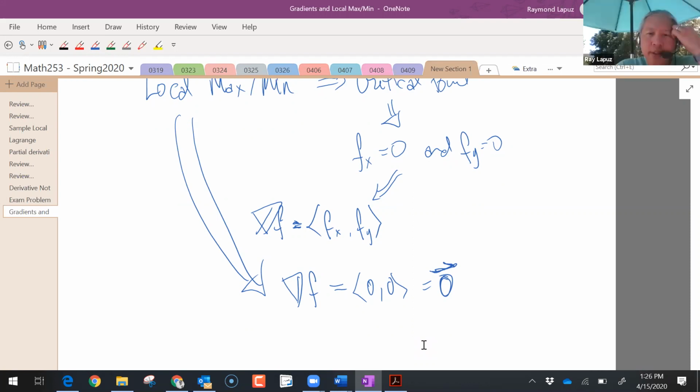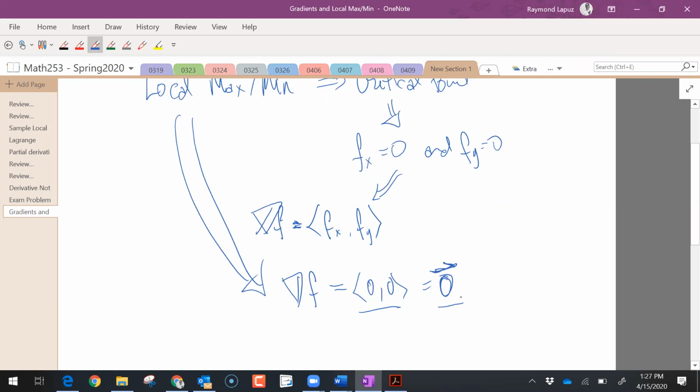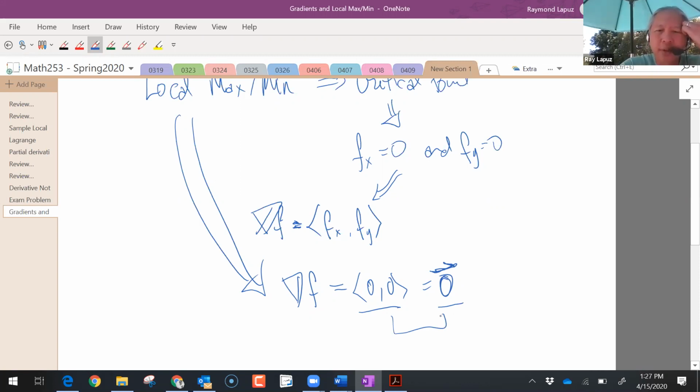Yeah. So you can write it as 0, 0 as a vector, or you can write it as 0 with an arrow on top as a vector. Yeah, they're equivalent expressions, right? Yeah, these two are the same.